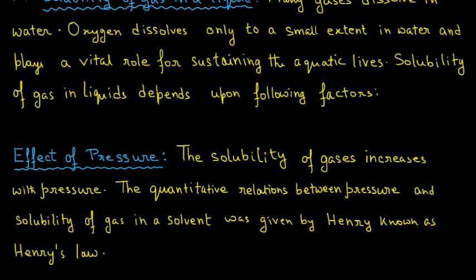First is effect of pressure, then effect of temperature. First we will study the effect of pressure. The solubility of a gas increases with pressure. The quantitative relation between pressure and solubility of a gas in a solvent was given by Henry, known as Henry's law.